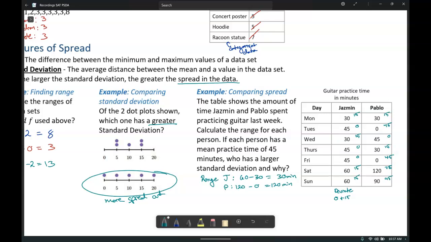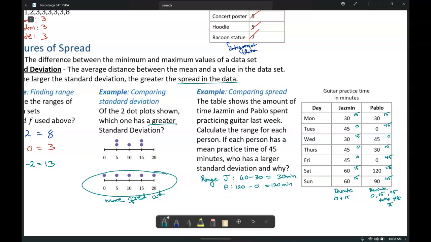So Pablo deviates 0 one time, then he deviates 15 minutes from the mean twice. He deviates 45 minutes from the mean 3 times, and once he even deviates 75 minutes from the mean.